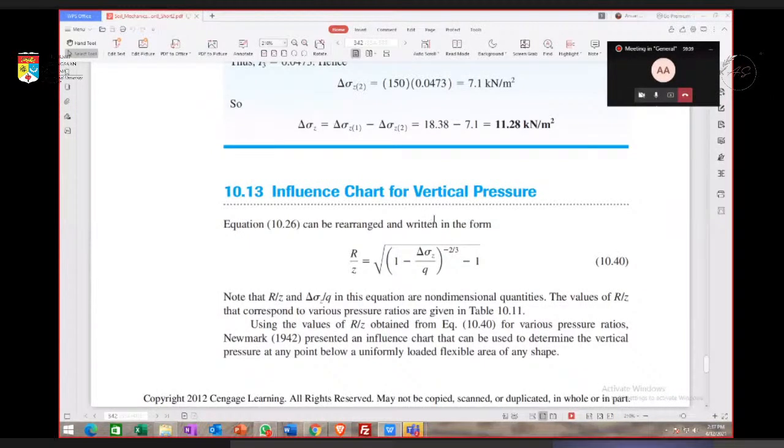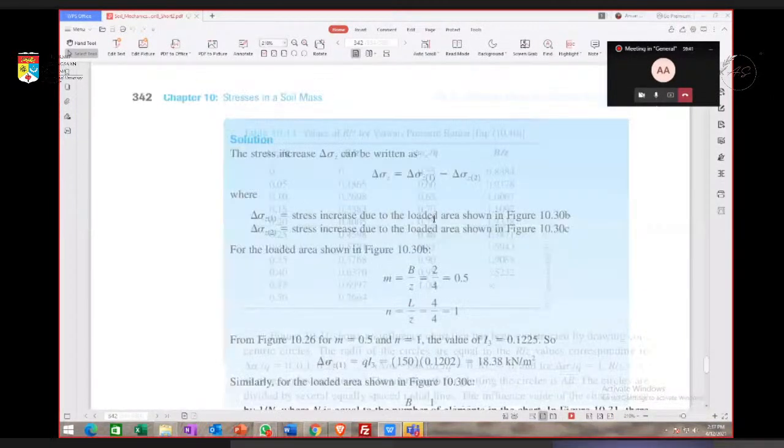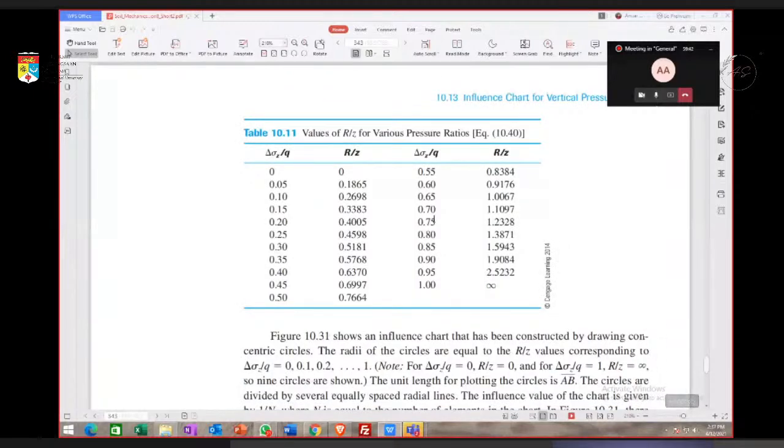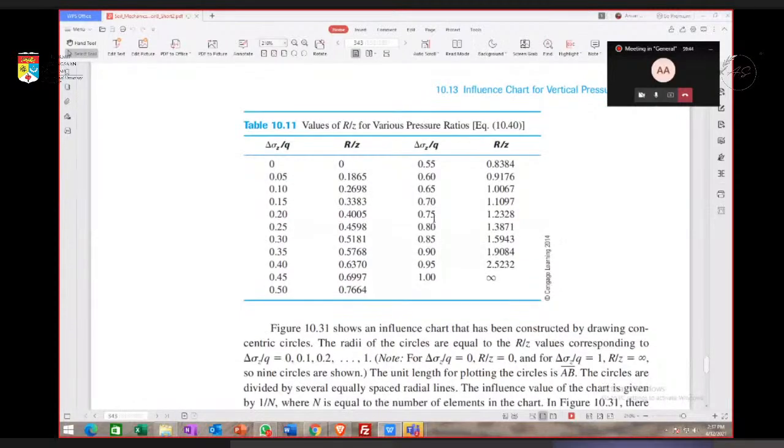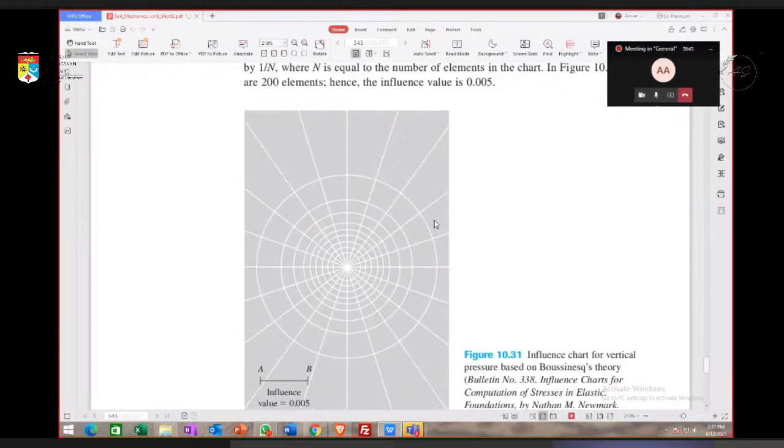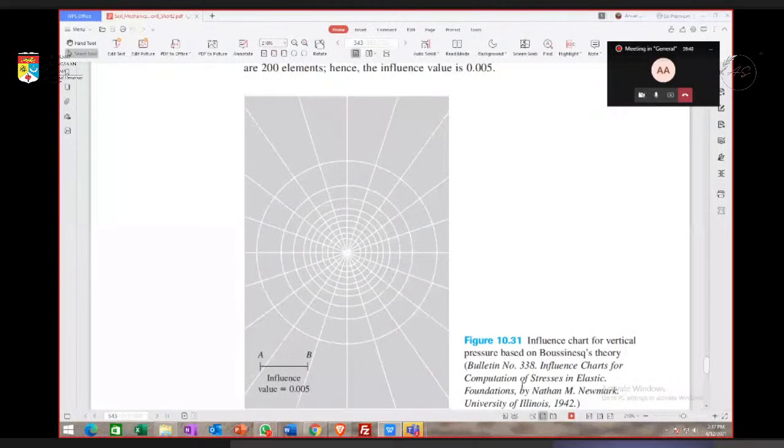So this is the Newmark chart with the influence value 0.005. The distances A and B are also given. To calculate it, you just follow the procedure here.